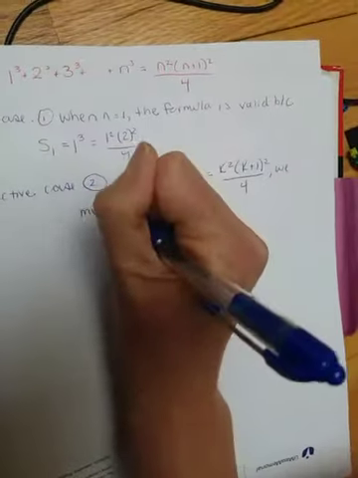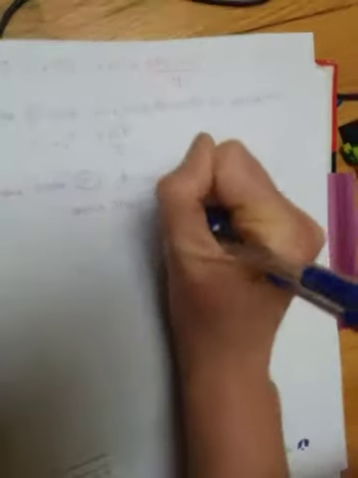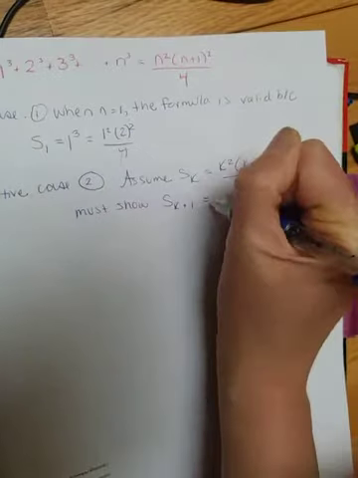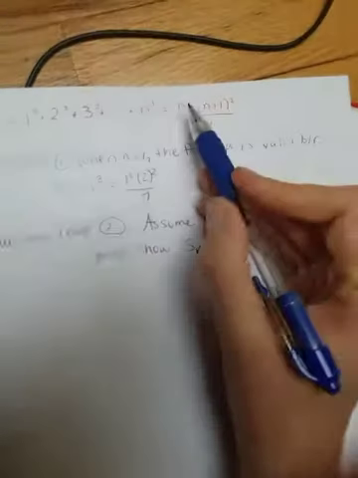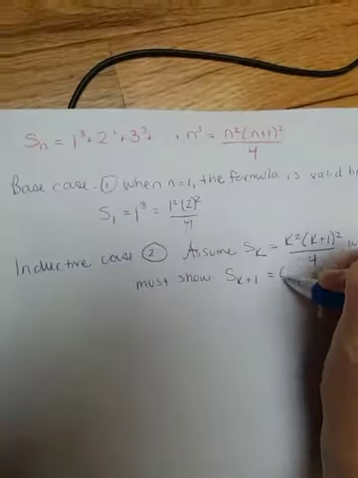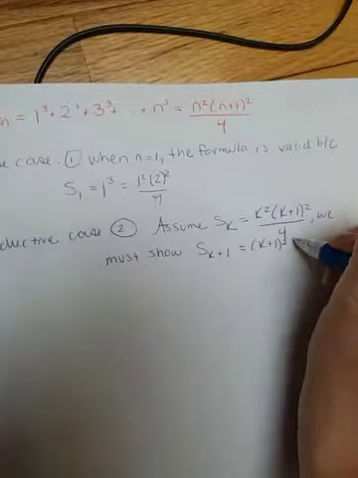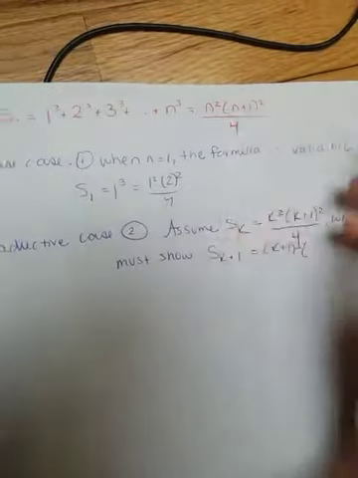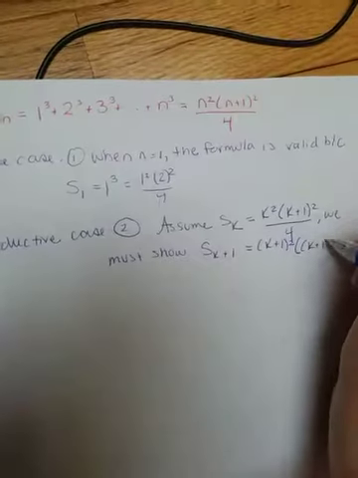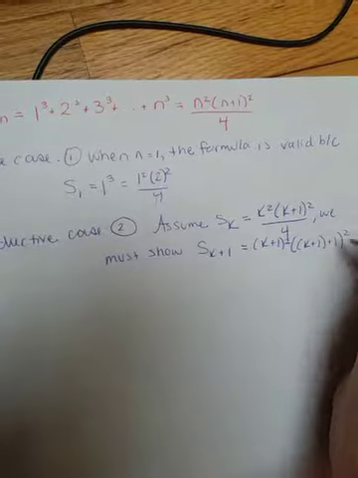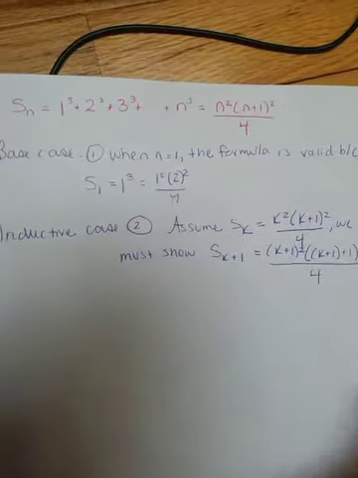We must show that S sub k plus 1 equals, so again, you put k plus 1 where there's an n, so quantity k plus 1 squared times, I am going to keep the k plus 1 in parentheses, k plus 1 all squared divided by 4, is true.